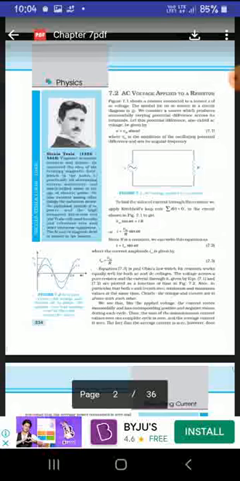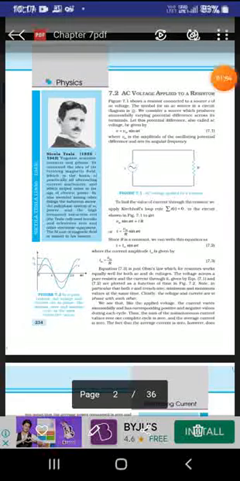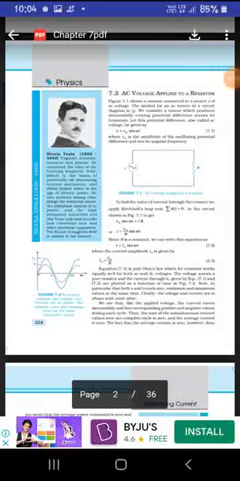Ohm's law, which holds for a resistor, works equally well for both AC and DC, that is alternating current and direct current. We see that the applied voltage and the current vary simultaneously and have corresponding positive and negative values during each cycle.